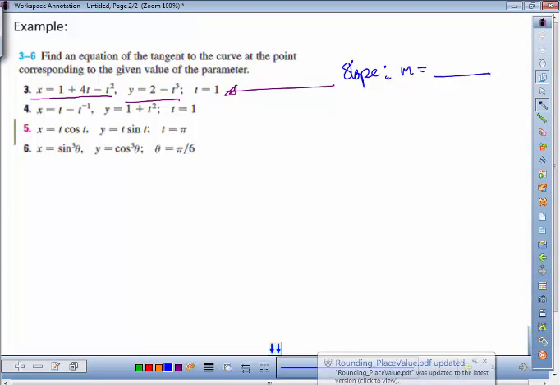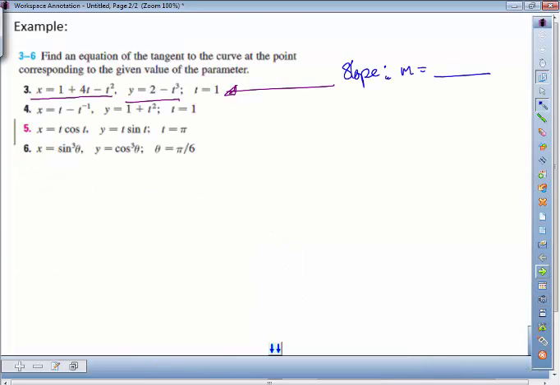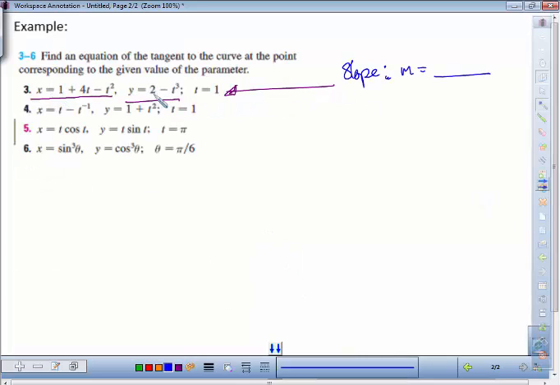And for that, let's just take a quick peek again at our derivative formula. The derivative dy dx is pretty simple. It's dy dt over dx dt. So it looks like we just need dy dt and dx dt. So I'm going to shortcut it to just use a prime notation. This is going to be the numerator, y prime.